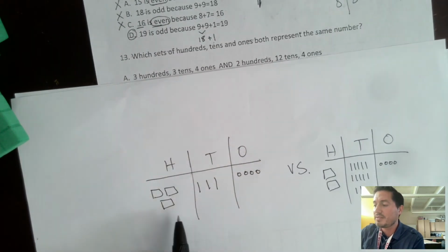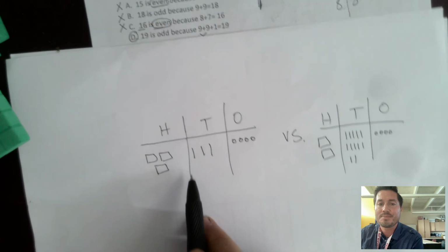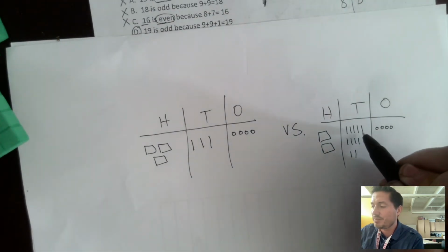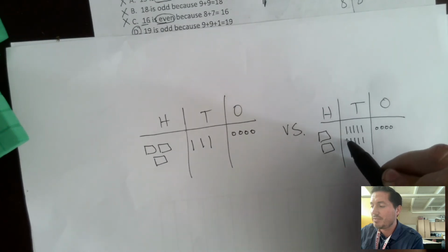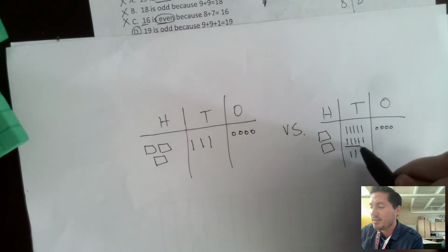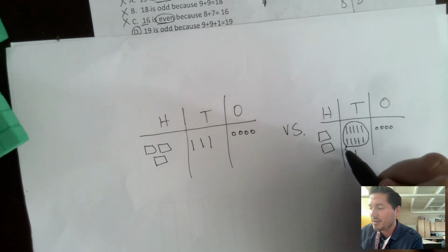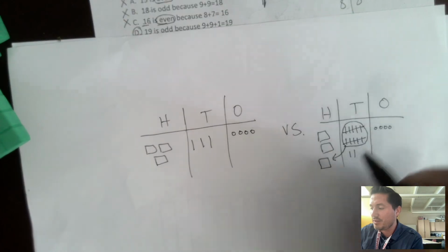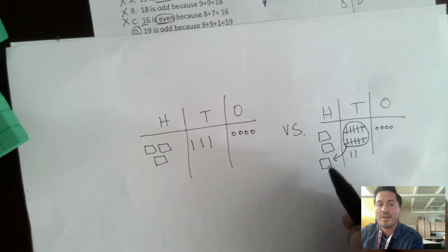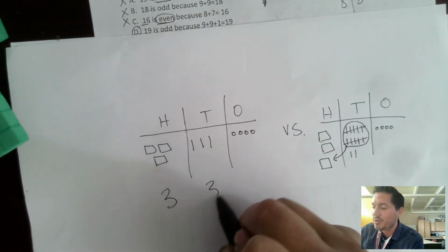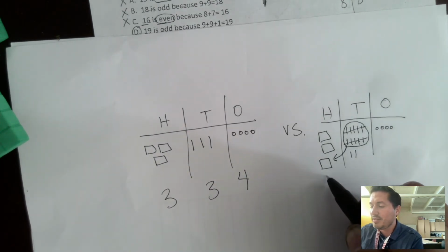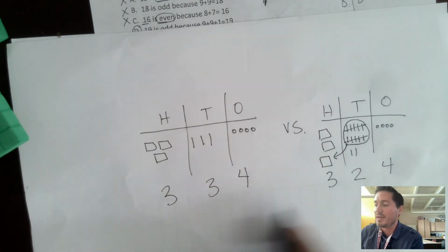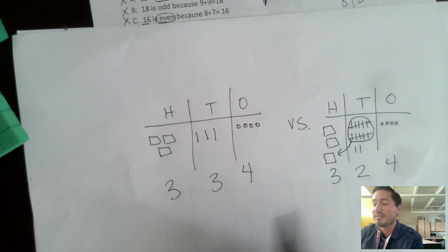Now, this might not look the same, but watch this. 1, 2, 3, 4, 5, 6, 7, 8, 9, 10. These 10 need to go over here because they make 100. So now these are gone, and so now it's 334, and this one's going to be 324. So they are not the same, but it's very close.